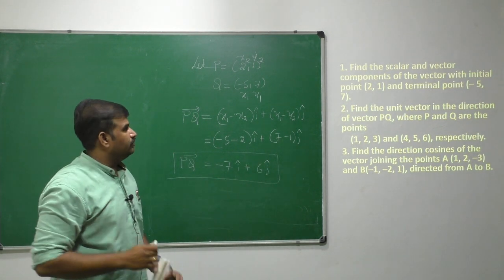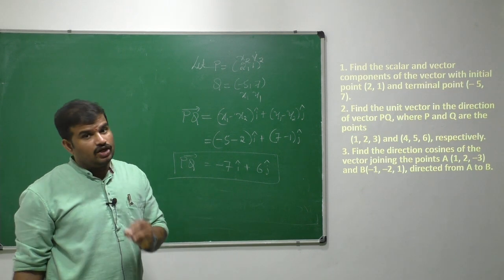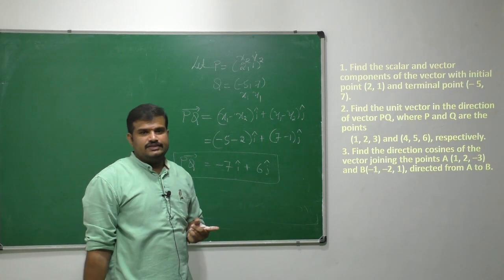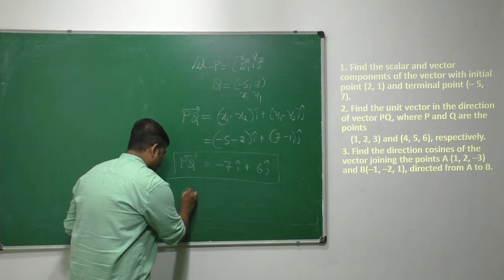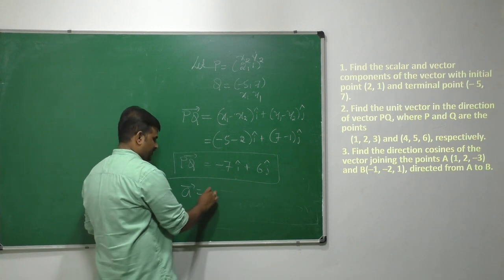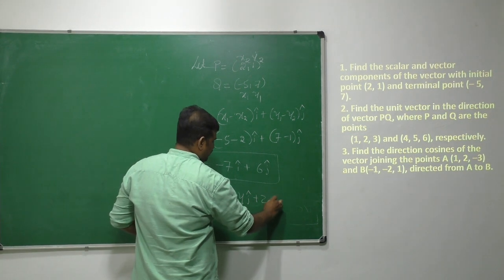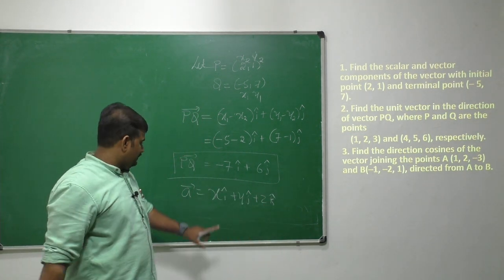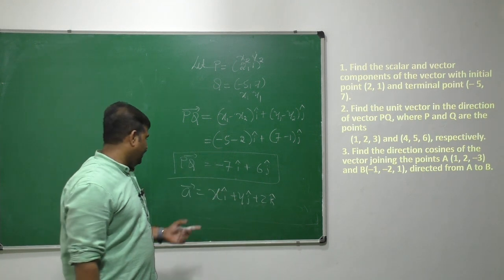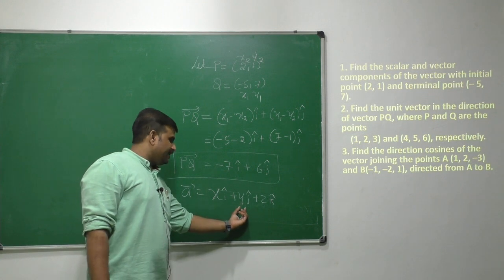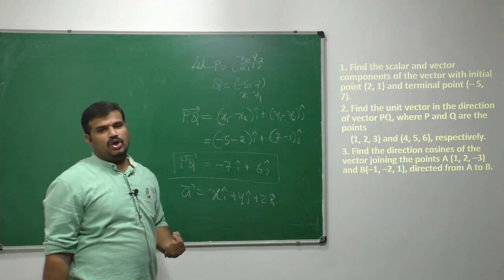Now what we need to find is the scalar and vector components. If a vector is in component form, as you can check in previous videos, suppose your vector A is equal to x i cap plus y j cap plus z k cap, then x, y, z are called scalar components, and x i cap, y j cap, z k cap are called vector components.